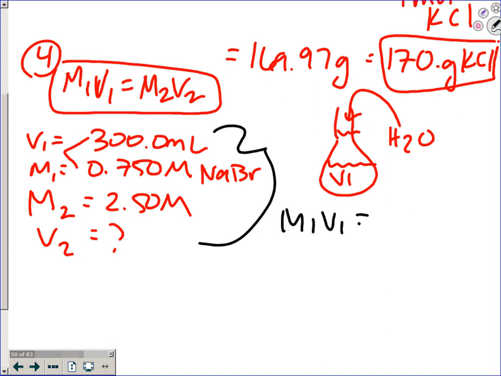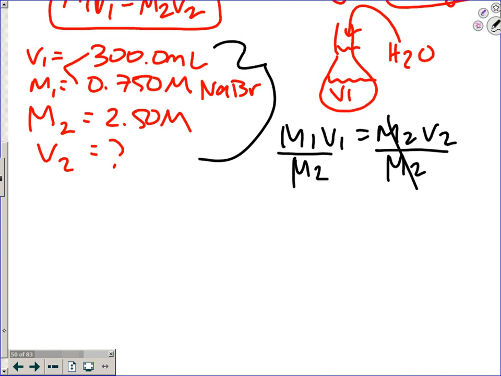So M1 V1 equals M2 V2. I'm solving for what? V2. So I'm dividing by M2 on both sides. Then I'm setting up mathematically with my units. I'm putting M1 V1 over M2.